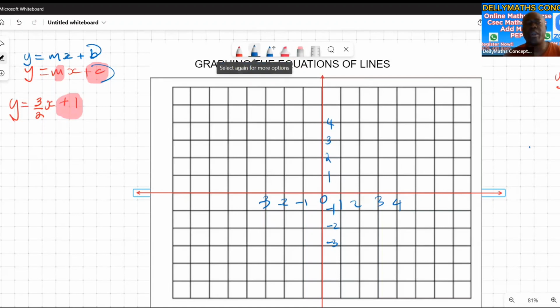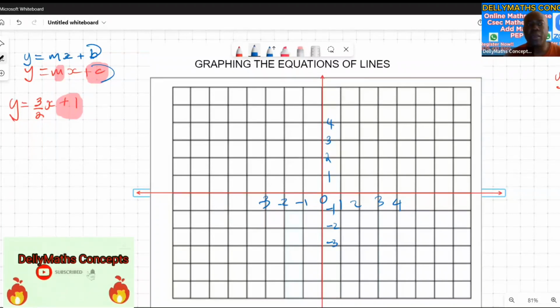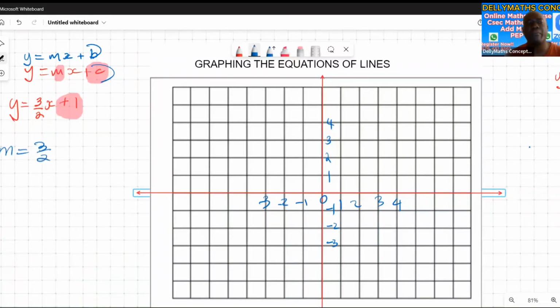Whenever the equation is given in y equal to mx plus b or plus c, we want to bear in mind that m stands for our gradient, this is our slope. And the b, or it could be the c, stands for where the line crosses the y-axis. In this case, it's going to be a 1.